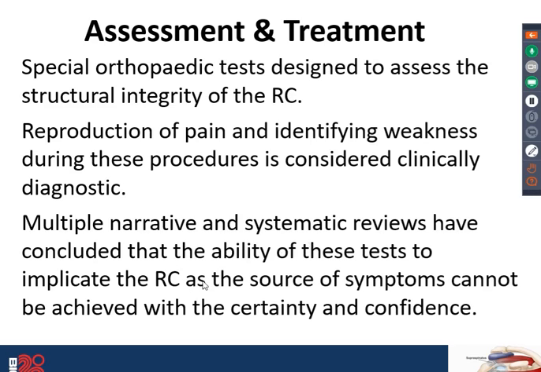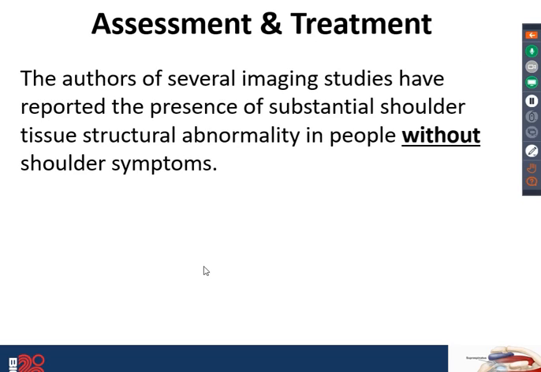So what you're trying to do here is come up with somewhat of a certainty and confidence that the patient does have an issue at the rotator cuff. Of course, imaging would be very helpful here, but that's not always possible. So oftentimes you're going to treat it as a rotator cuff issue, and if the symptoms are severe, long-lasting, you might want to at least do an ultrasound to see if you can get a better idea of what's going on.